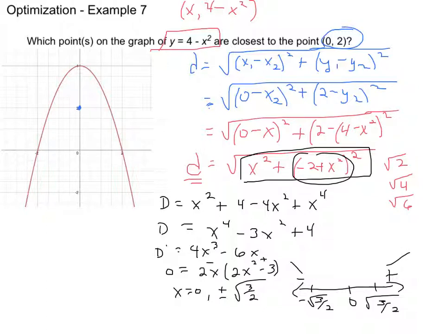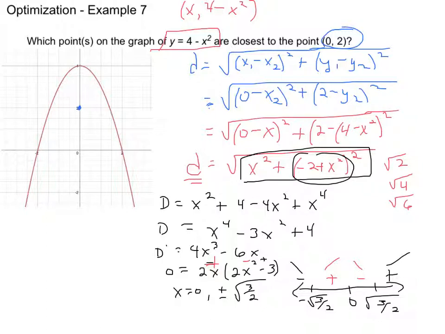And then from negative square root of 3 over 2 to 0, I'm going to have a small negative number, so the 2x out in front would be negative, and then inside would also be negative. Negative times negative is a positive, so it's going to increase. And then on the other side, we have a number between 0 and positive square root of 3 over 2. Then 2x will be positive, and what's in the parentheses, 2x squared minus 3, would be negative, and so it's going to be decreasing.